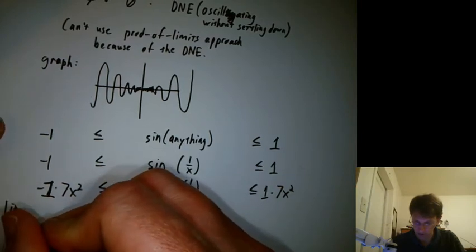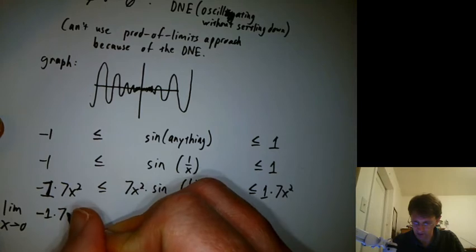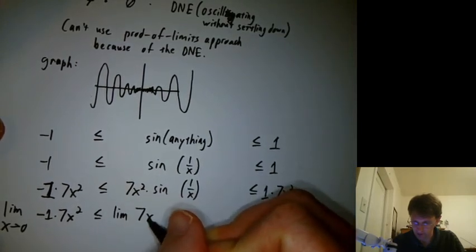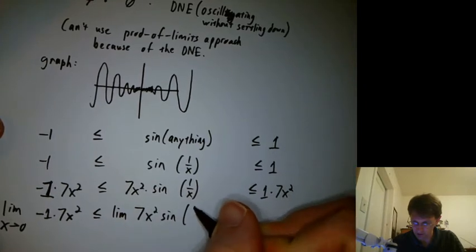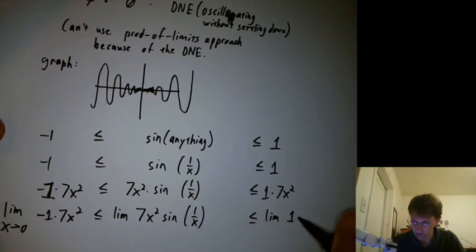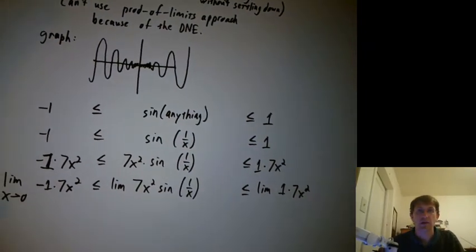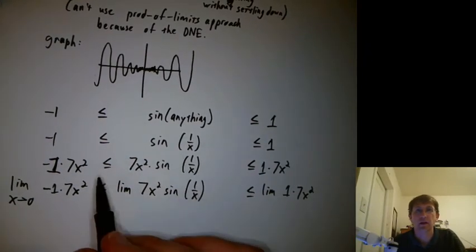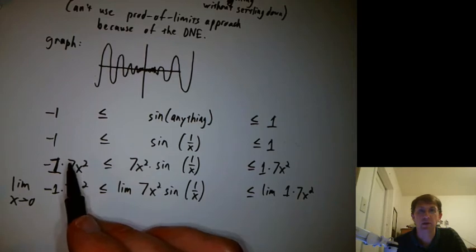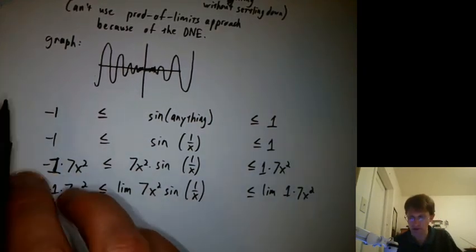I can say the limit as x goes to 0 of negative 1 times 7x squared is less than or equal to the limit of 7x squared sine 1 over x, less than or equal to the limit of 1 times 7x squared. So this is saying our complicated function is above this curve and below that curve. So we can go draw those in.